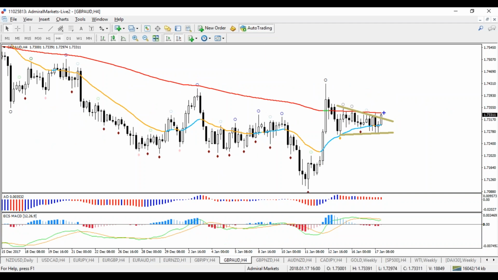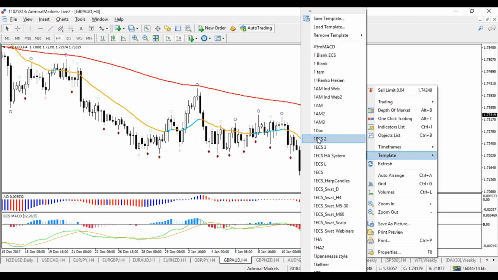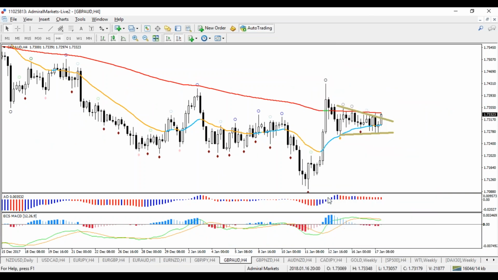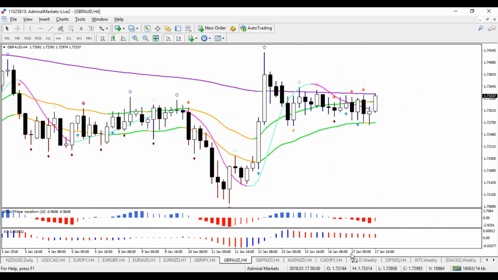It would depend a bit on this 4-hour candle. Let me use my odd template. Could be an interesting spot for the pound odd.